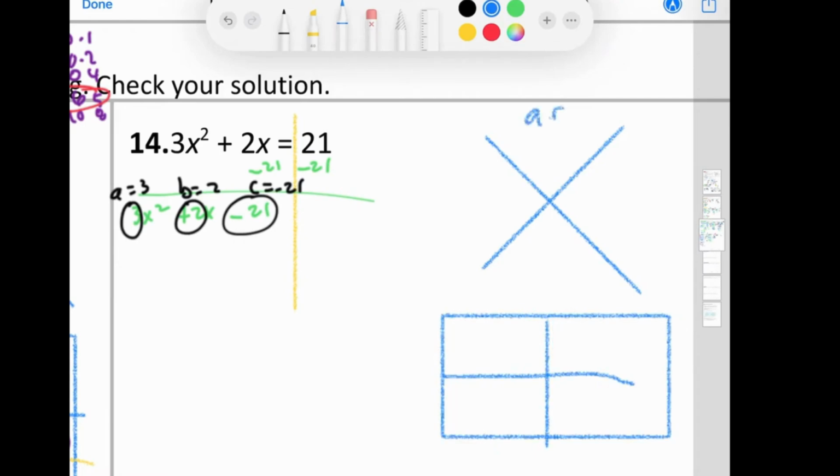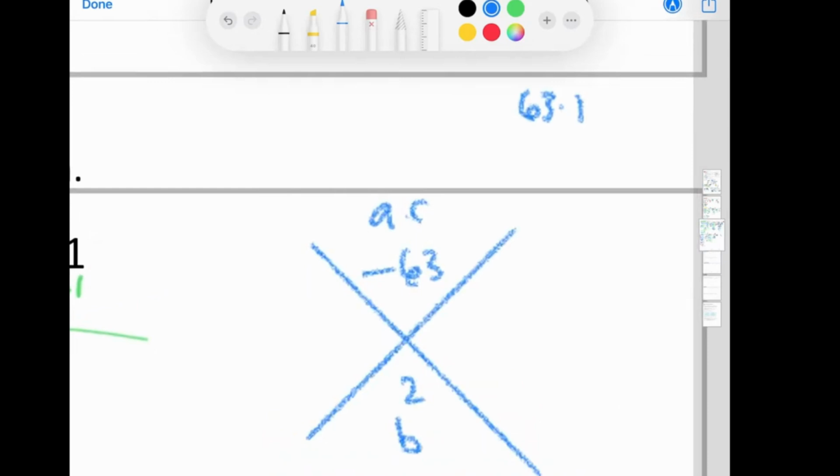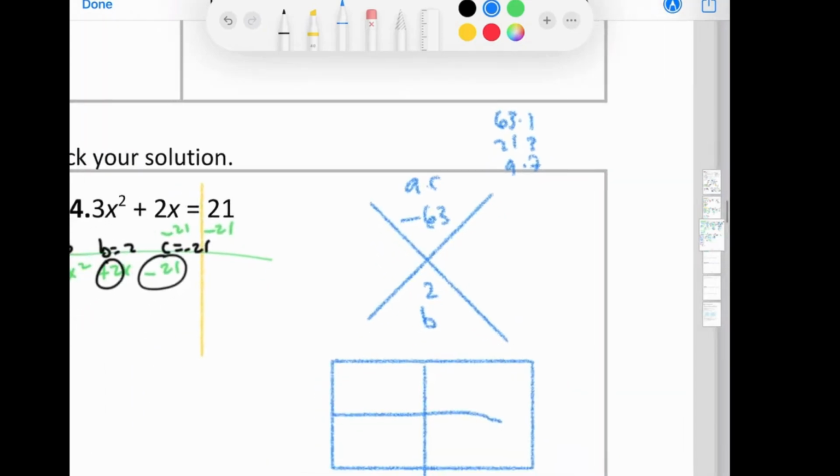Okay. Let's do our X box. A times C is 3 times -21, which is -63. My B value is 2. Let's write all the factors. 63 and 1. No. 3 and 21. 9 and 7. Any of those match?